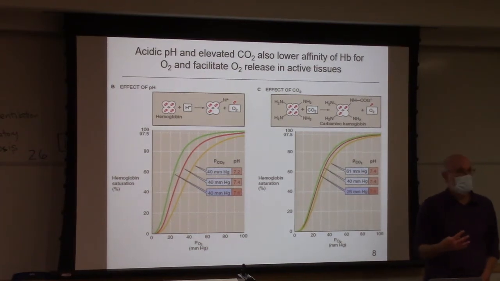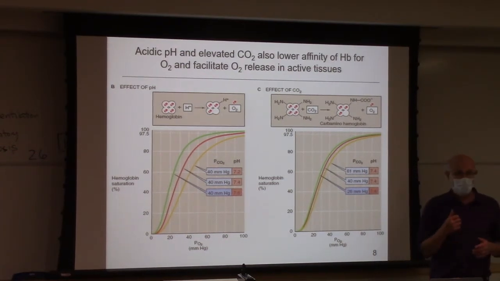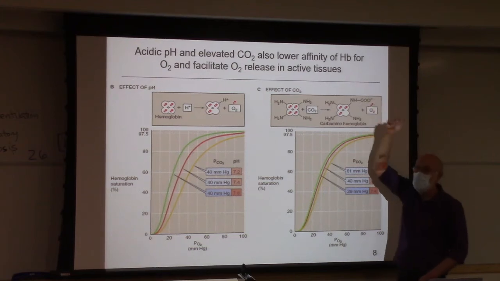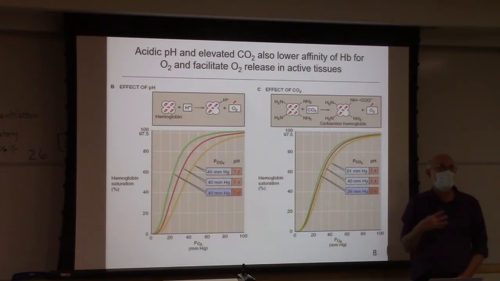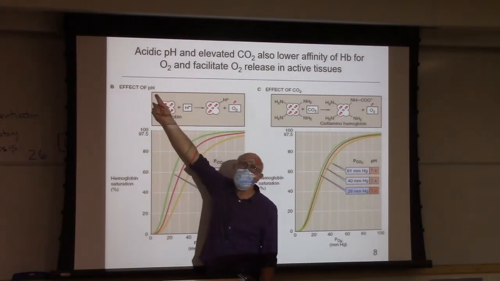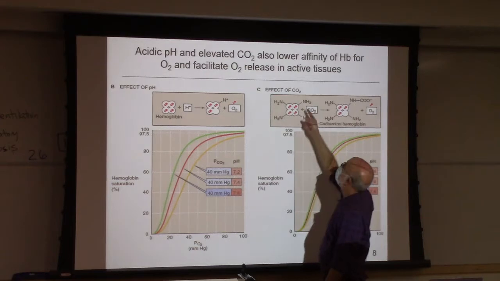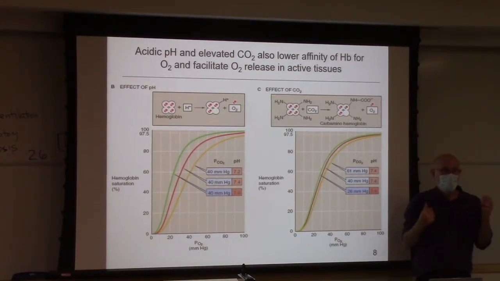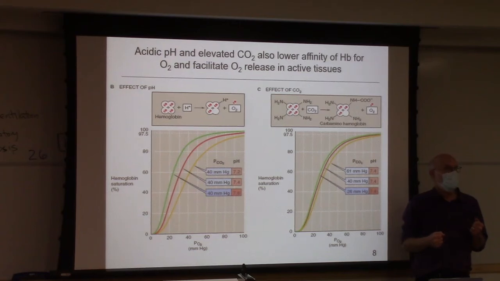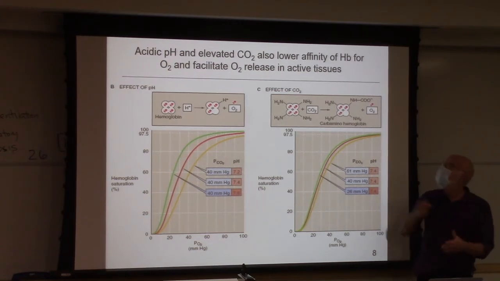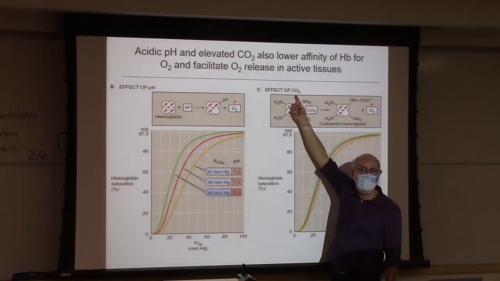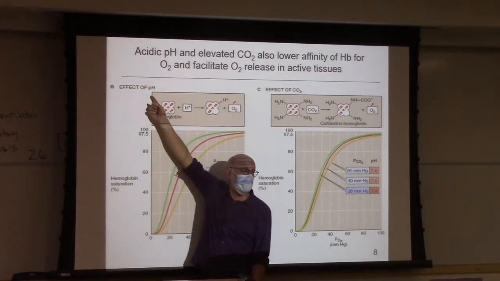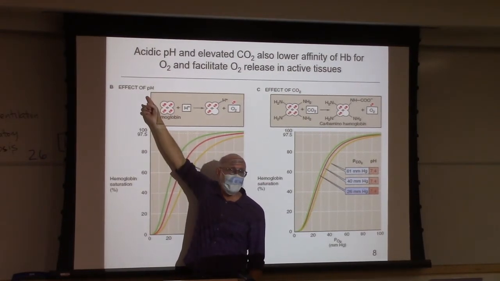It's the same concept, except that there are two other factors that help hemoglobin let go of its bound oxygen. One is temperature, that we just did. One is acid, and one is carbon dioxide. If you have a metabolically active muscle, it's working really hard, it's generating heat, it's generating CO2, and it might even be doing some anaerobic respiration, generating acid.